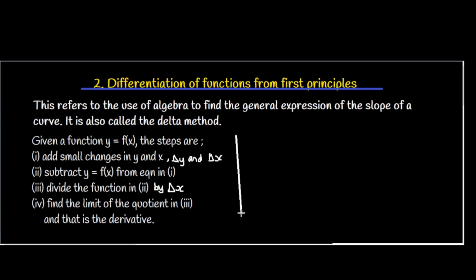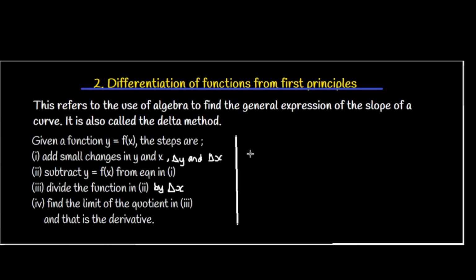The first step is to add small changes in y and x, that is, change in y and change in x respectively. The changes are denoted by delta y and delta x. What does that first step mean?